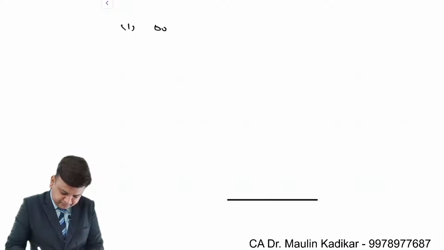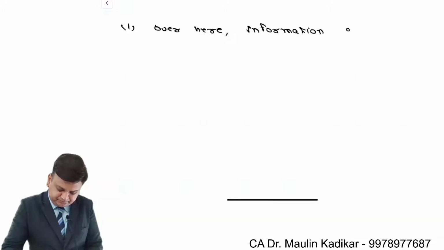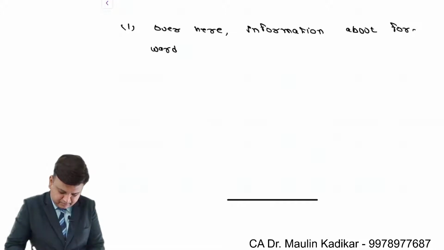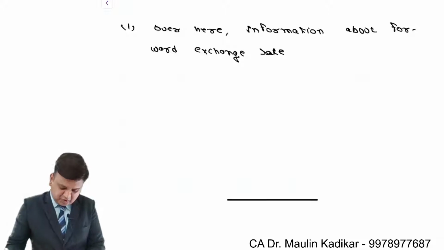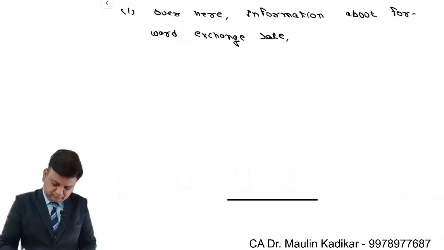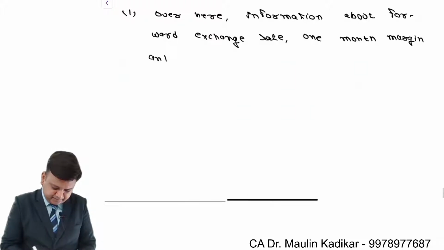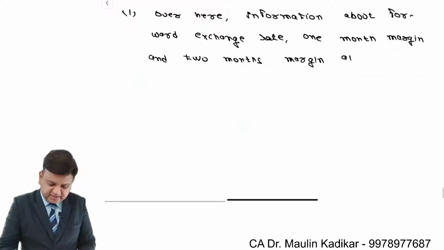First point: over here, information about forward exchange rate, comma, 1 month margin and 2 months margin are irrelevant.